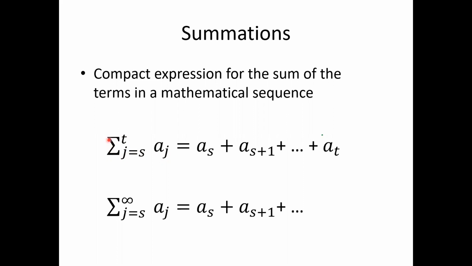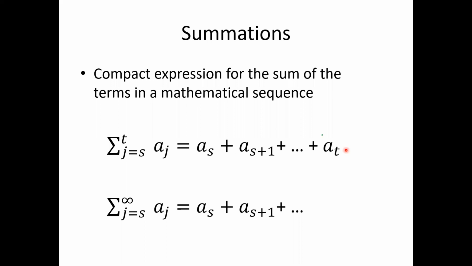So this is read summation over aj terms where j ranges from s all the way to t. And what that stands for is the following sum: I take the aj term starting at j equal s, meaning the s term. Then the next value is aj at j incremented. It was s at first, now it becomes s plus 1, etc. All the way, the last index is t.